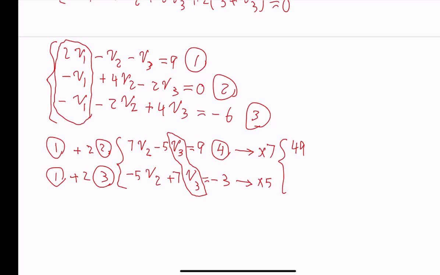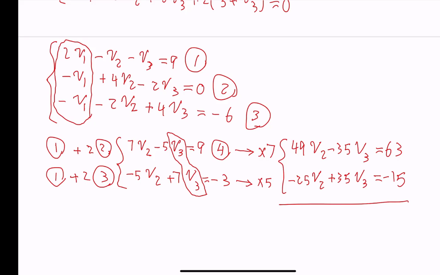We end up with 49v2 minus 35v3 equal to 63, negative 25v2 plus 35v3 equal to negative 15.